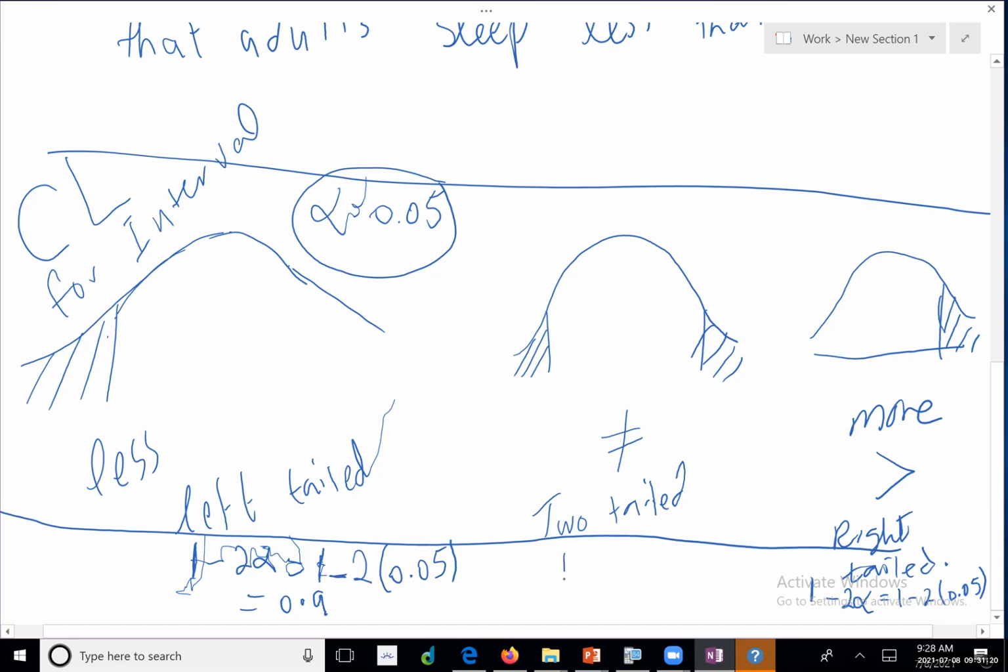If it's two-tailed, it's just 1 minus alpha. So it's 1 minus 0.05, which is 0.95.